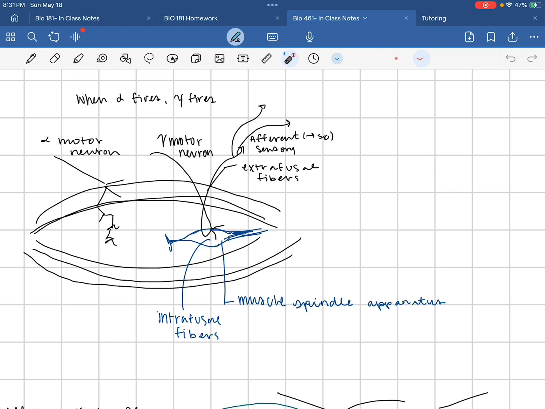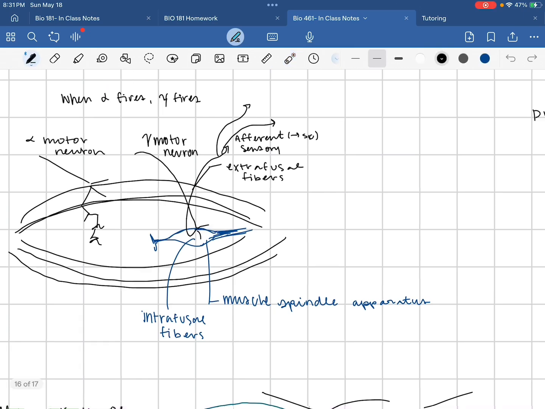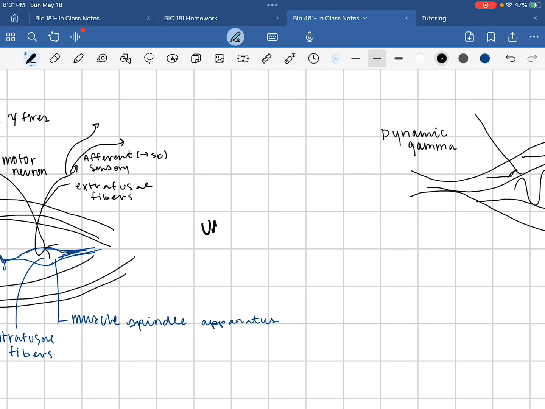And then we also have voluntary control movements that depend on upper motor neurons. So upper motor neurons, UMN, and then we also have our lower motor neurons. The cell bodies of the upper motor neurons are in the cerebral cortex, where you have things like planning, initiation, and coordination of movements.